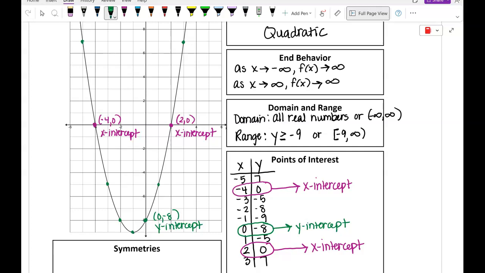Do I have one of those on this graph? We have a minimum. What point is my minimum? What is the very lowest point on this graph? -1, -9 here. That is my minimum.